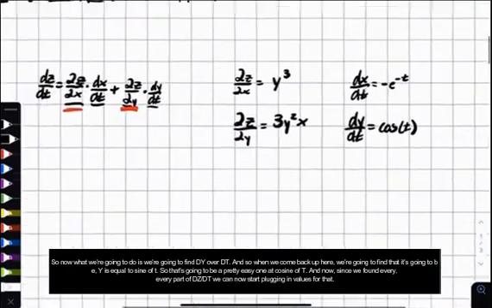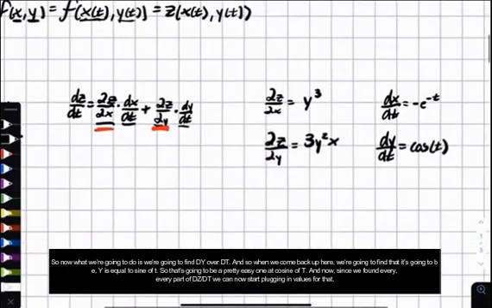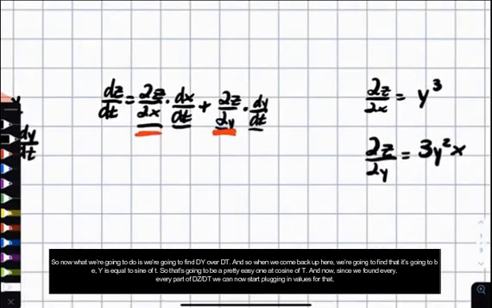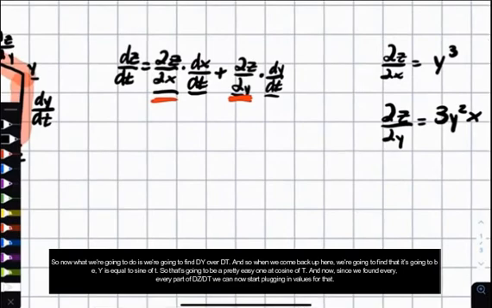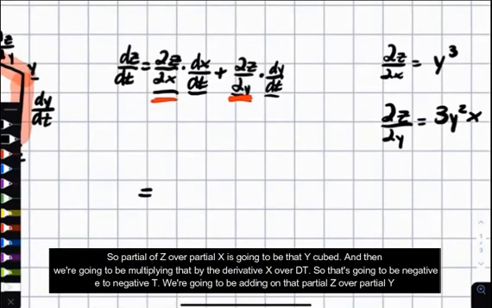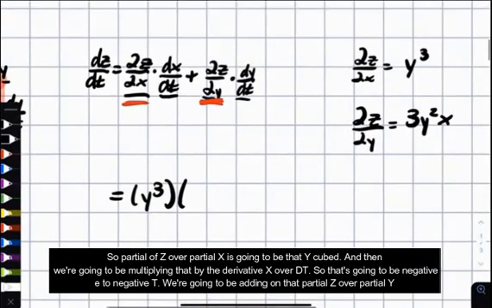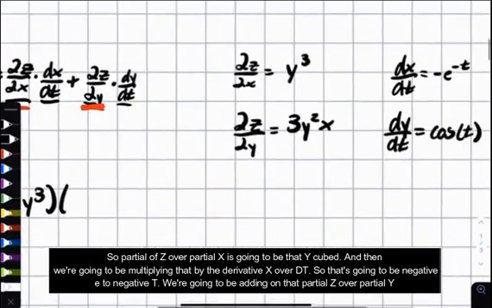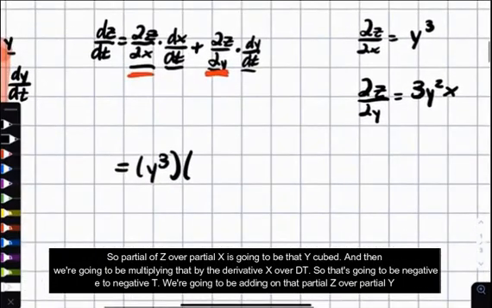And now since we've found every part of dz/dt, we can start plugging in values. So partial of z over partial x is going to be that y cubed. And then we're going to multiply that by the derivative of x over dt, so that's going to be negative e to the negative t.